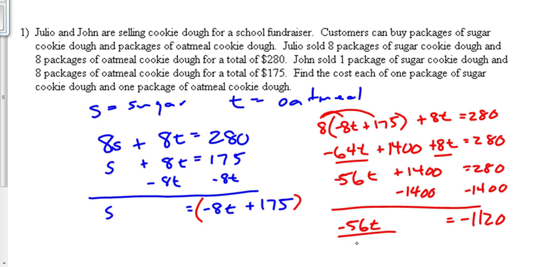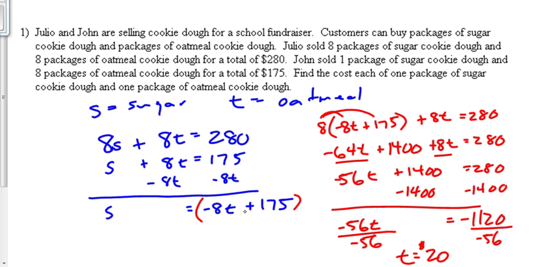Then we have to divide both sides by -56. And so our T is going to equal 20. So 1 package of oatmeal cookies costs $20.